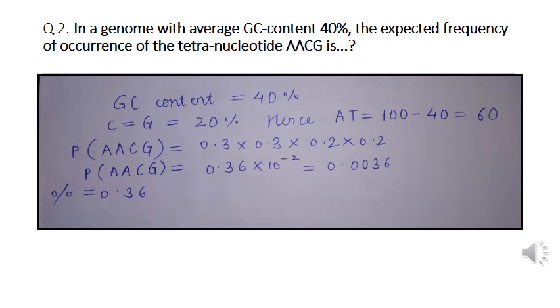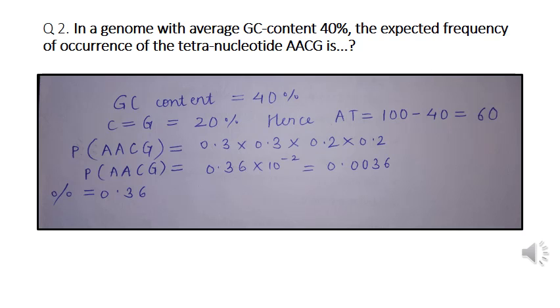Now, as we know that GC content is 40%, AT content will be 60%, and as G is equal to C, both of these quantities, G and C, will be 20%.